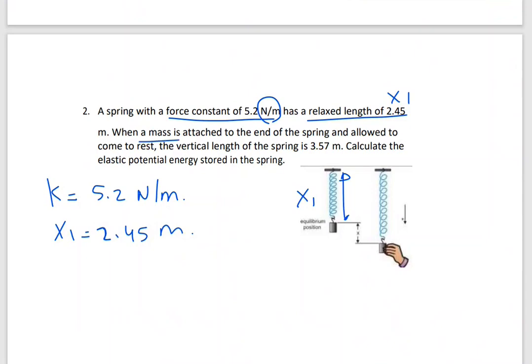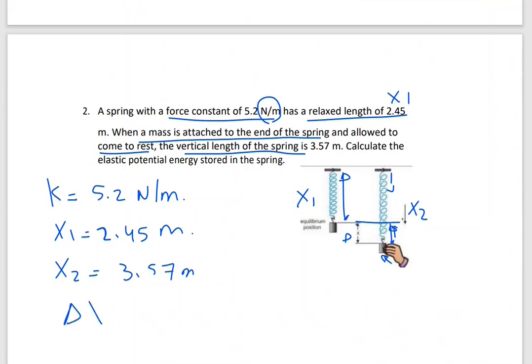Now, when a mass is attached to the end of the spring and allowed to come to rest, the vertical length now is increased. So here I have a new length from here till here. I have X2 now, the new length, 3.57 meter. So I need the amount of the stretch, delta X, from here till here.